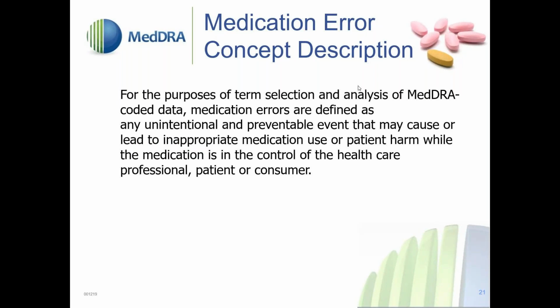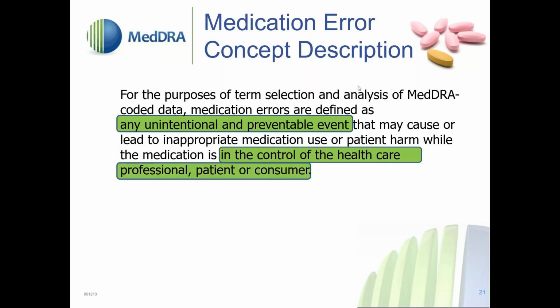A medication error is any unintentional and preventable event that may result in the improper use of medication or harm to the patient while the medication is under the control of those involved in the medication use process, meaning physicians, pharmacists, nurses, patients, consumers, or their families. The second aspect that is highlighted in green is important to remember.